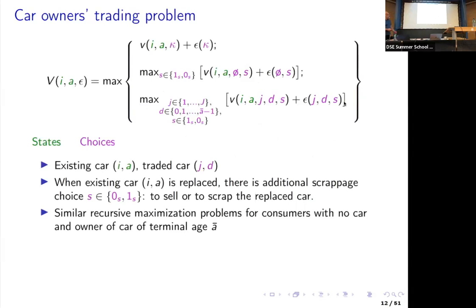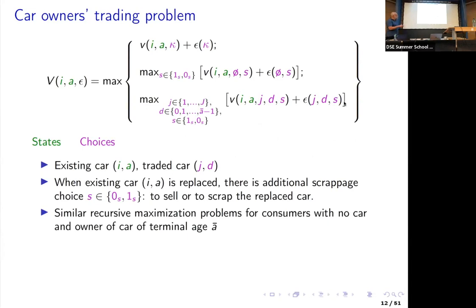Okay, so here's the trading problem for a car owner. This is also a simpler one for people who don't have cars. They are not thinking about how to sell the car they don't have, right? So here's the choice-specific values. So if you are keeping the car, well, you get the value of keeping. The purple here is choice, and the states are in green.